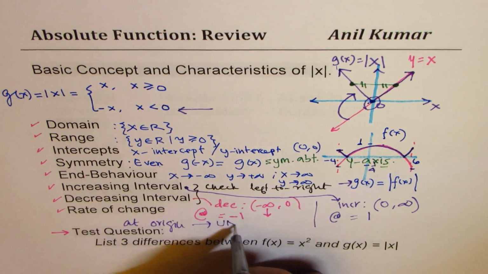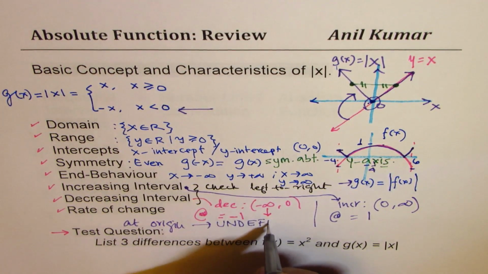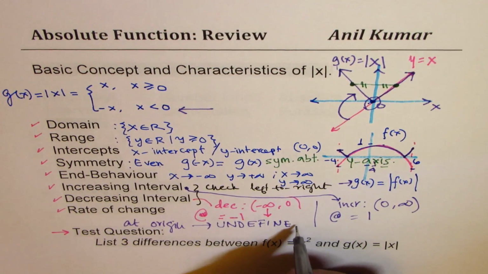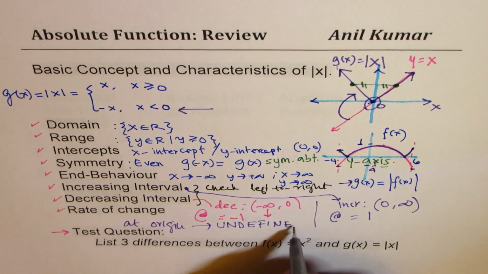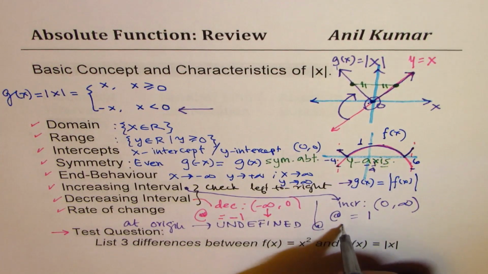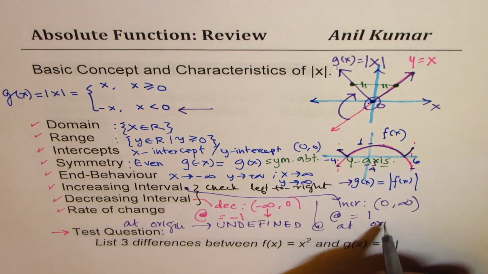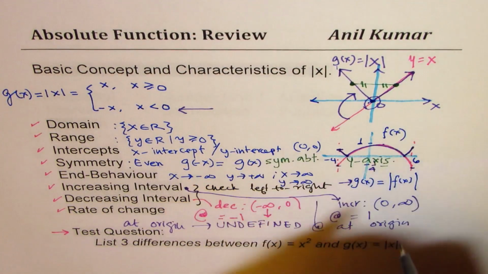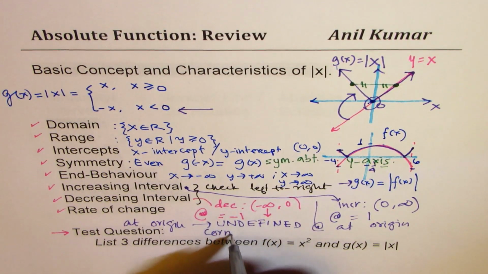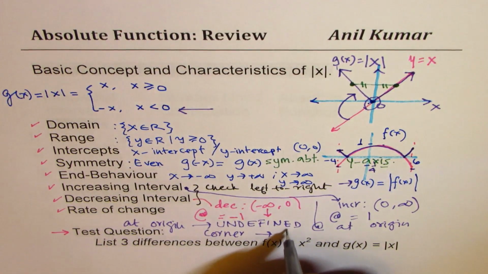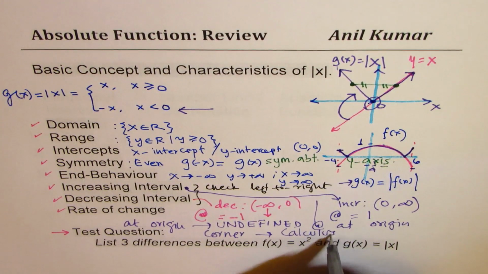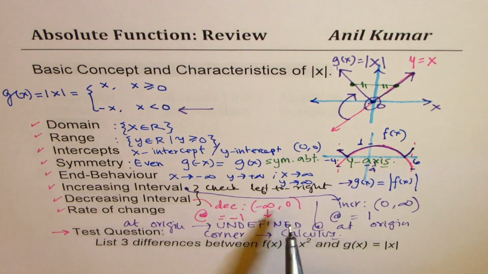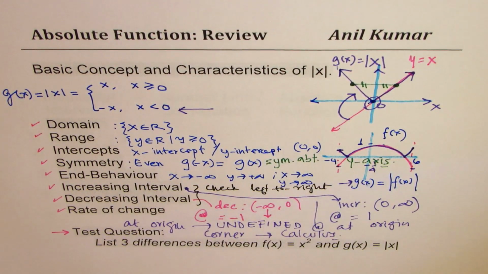It is undefined. Now this is extremely important to understand. Undefined rate of change at origin. You see a corner here. So the idea is corner, right? This concept you'll use in calculus. At origin, you can actually draw many tangents.